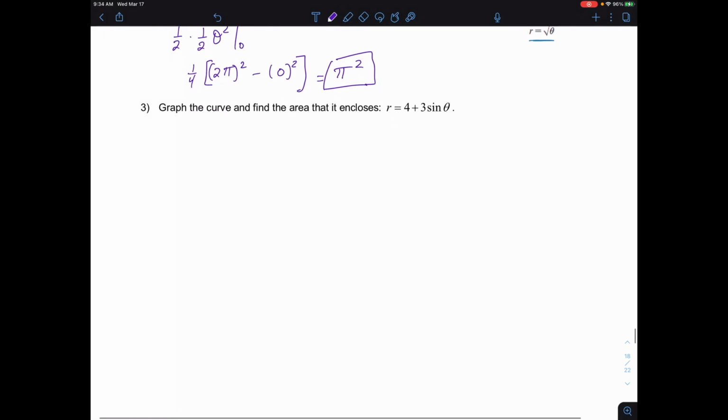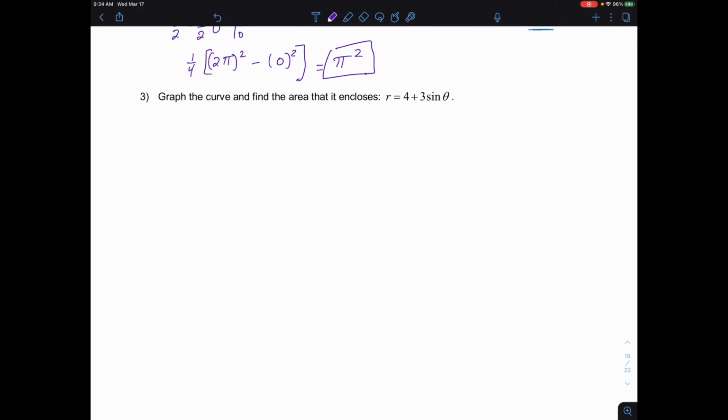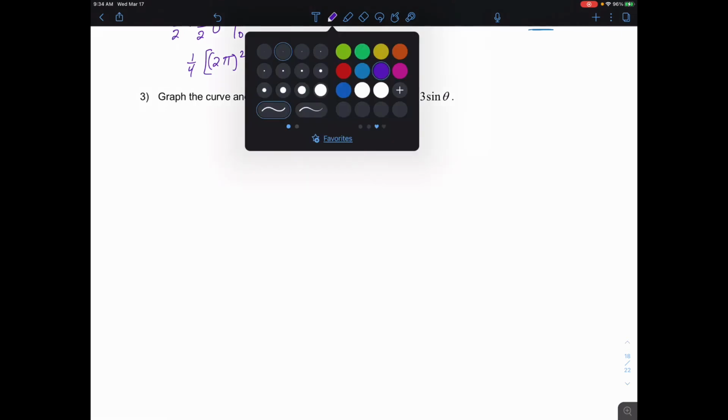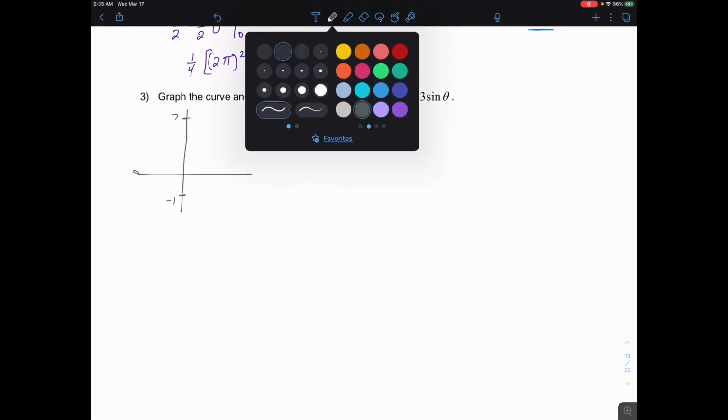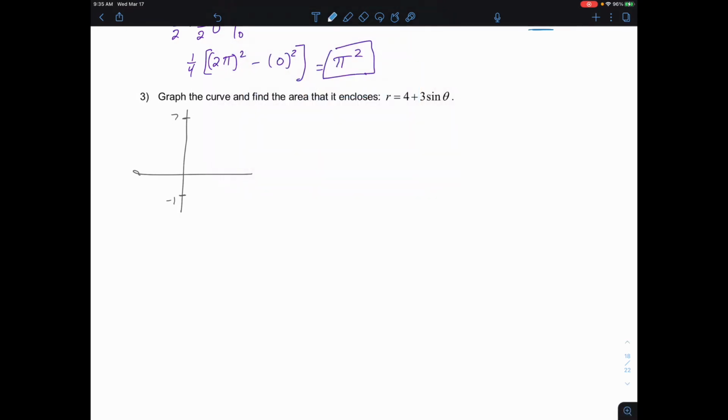In the next example, it says graph the curve and find the area that is enclosed by 4 plus 3 sine of theta. So let's go ahead and start by graphing that. I'm just kind of using my Desmos here. This is going to be 7 and negative 1. And my graph is going to look like a cardioid. It just kind of shifted around a little bit. And again, my bounds are going to be 0 to 2 pi.